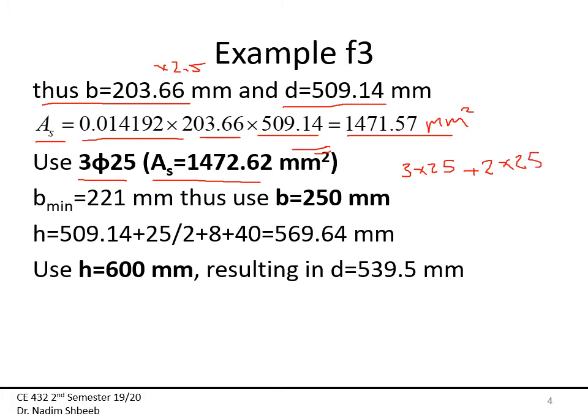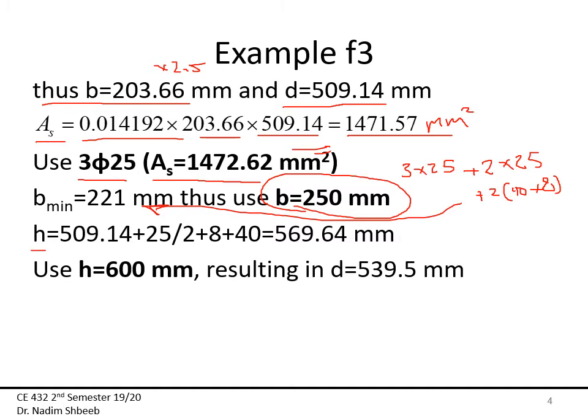Again, set db, 25, or a third of the maximum aggregate in the mix, plus 2 times the cover plus my stirrup 8. If you do that, you're going to get a value of 220 millimeters. Again, multiples of 50, then my B is going to be 250 millimeters.